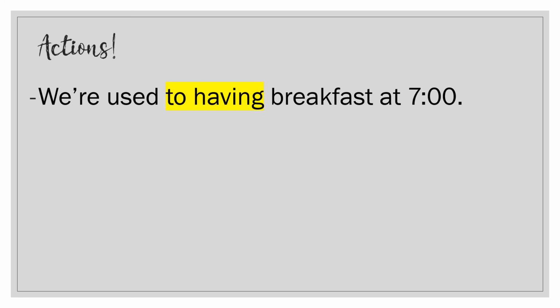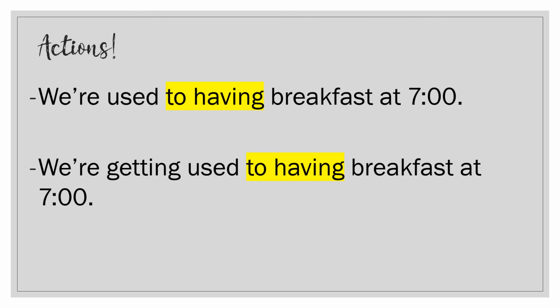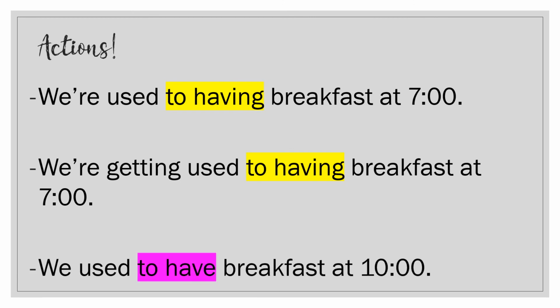First example, we are used to having breakfast at 7. We are getting used to having breakfast at 7. We used to have breakfast at 10. So in this case, notice that the last one here, we used to have, it's something in the past, and we have the verb to have.